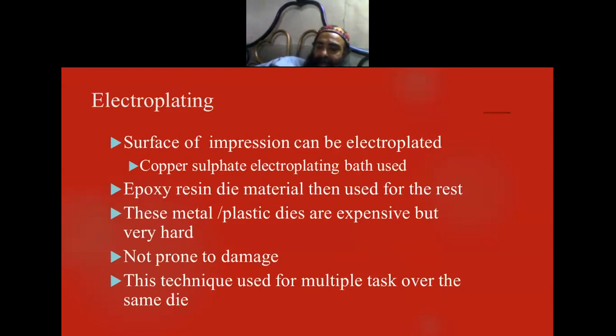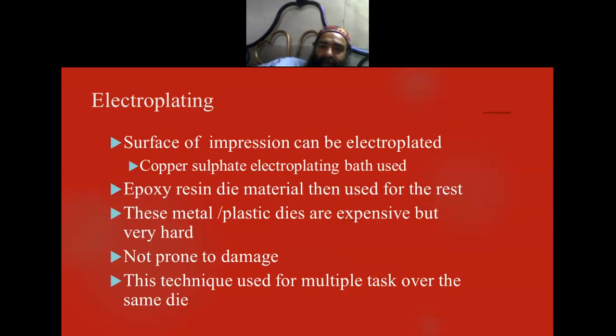Electroplating, which we studied in the agar chapter: electroplating and epoxy resin die material cannot be used for agar, but here the surface of the impression can be electroplated.